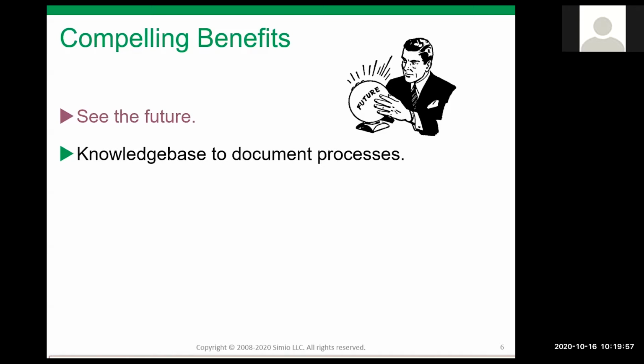building a simulation model kind of forces you to ask questions that you might not otherwise ask. It forces you to talk to people that you might not readily talk to. And all of those things can get built into the model, and now you have a knowledge base that documents how things work.